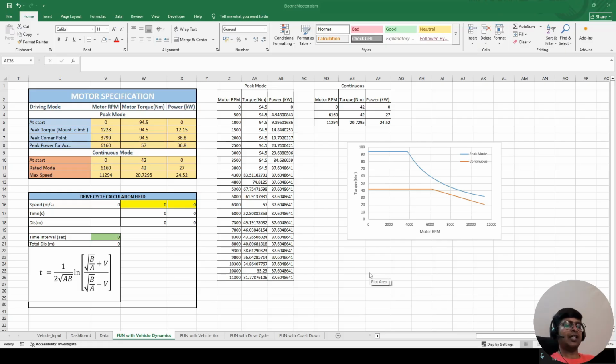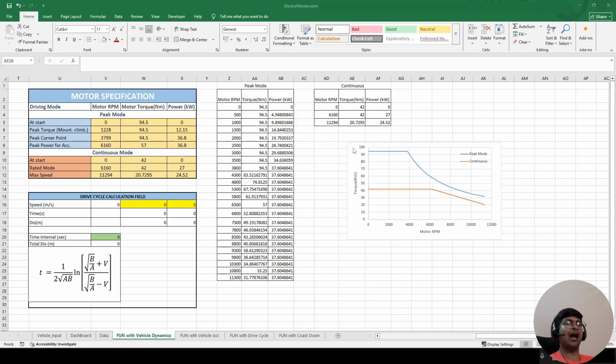So the way they derive the peak mode for the motor is something like this. When the motor starts delivering a peak torque, let's say here 94.5, it can only deliver for a particular time, and that time is very small, which is 12 seconds or 15 seconds, depending upon the design.